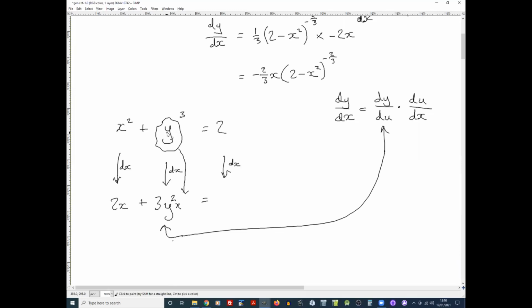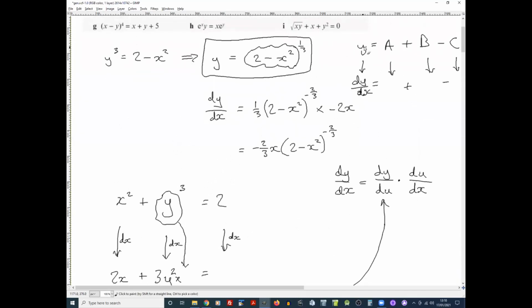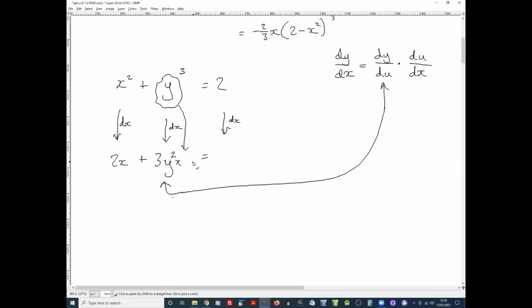Isn't that 1? With respect to y, yes, but with respect to x, what do we call the derivative of y with respect to x? I don't know. Here's y with respect to x, as a function of x. The derivative of that we call dy by dx. It doesn't matter what we call it, but the point is that's what we've got here, isn't it? The derivative of y with respect to x.